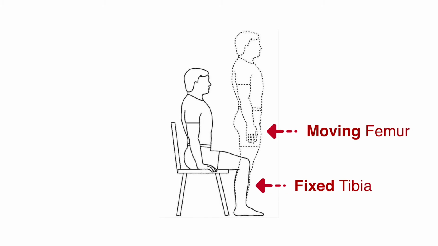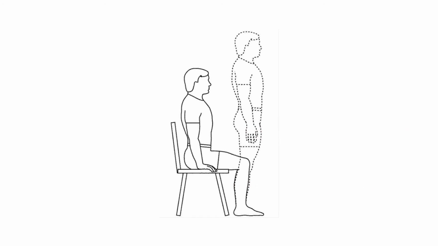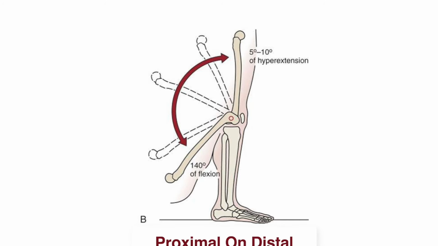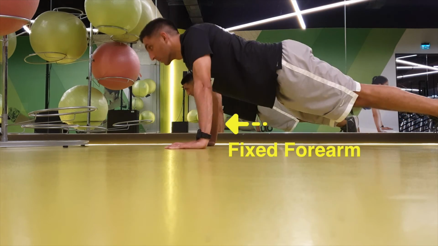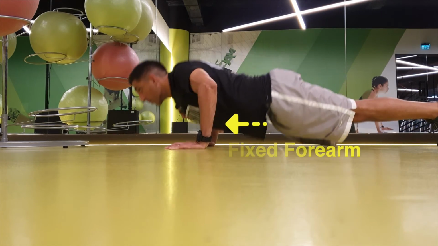For example, when I'm sitting on a chair and standing, my tibia is fixed, but my femur bone is moving according to the fixed tibia. So we call it proximal on distal. Another example in the upper extremities: when I do push-ups or pull-ups, my forearm is fixed, but my humerus is moving according to the fixed forearm.